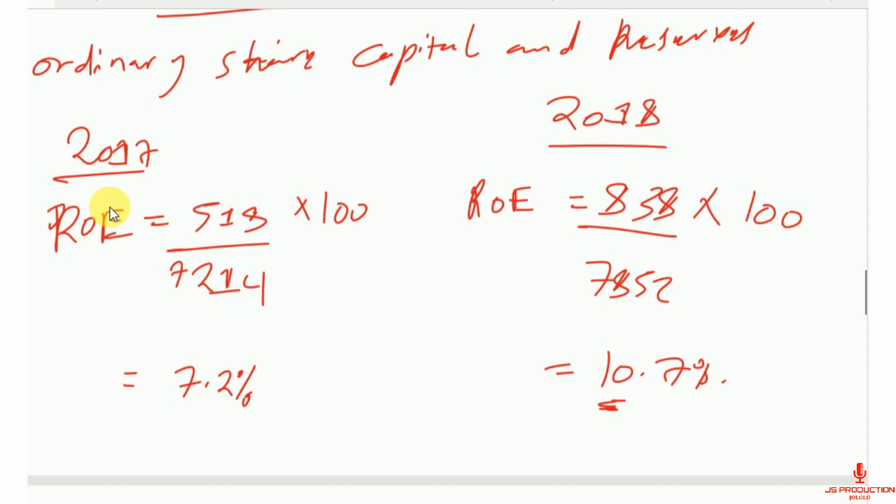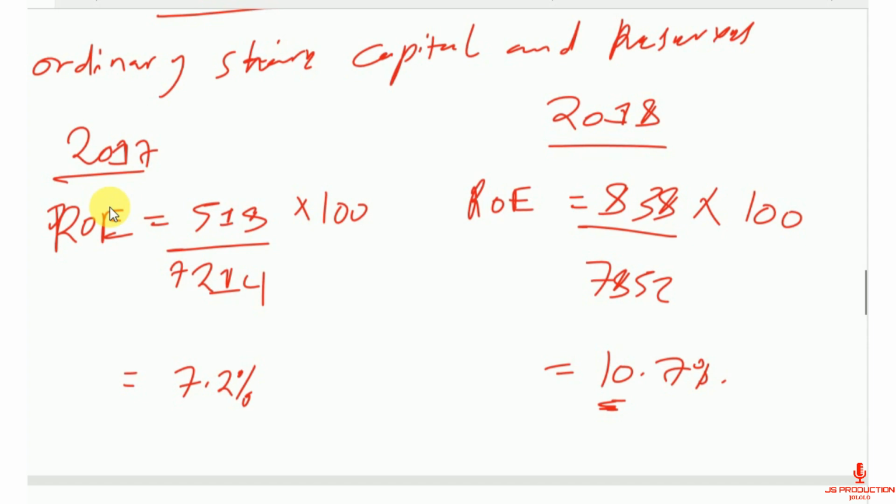Then return on equity looks at the position from the shareholders' point of view. It is more concerned with how much the shareholders get by way of return on their investment after accounting for the prior claims, including interest and tax.